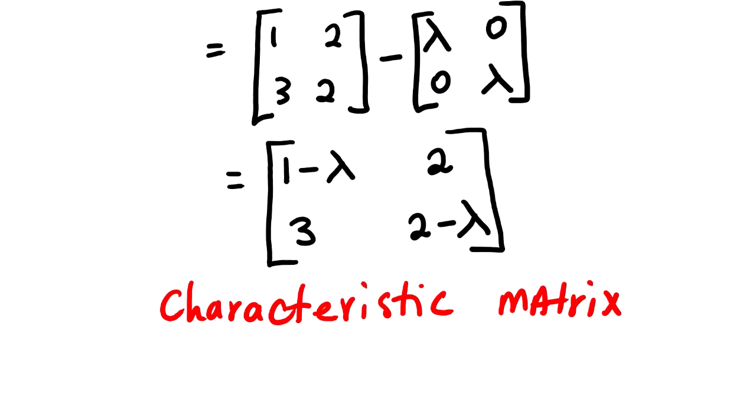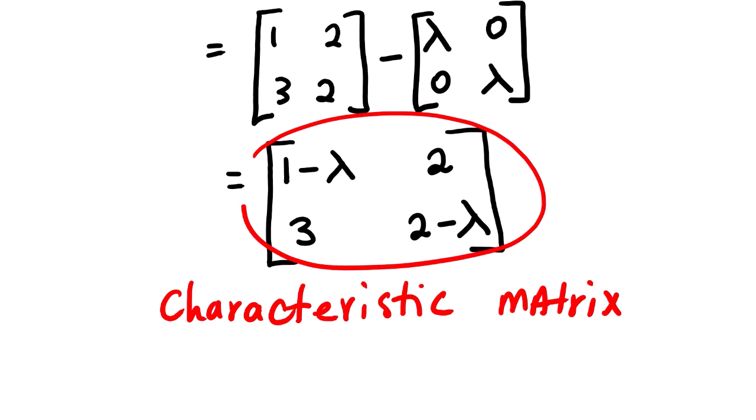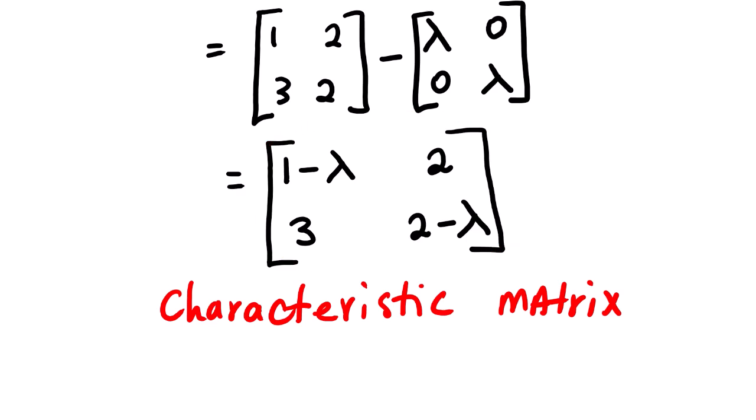We need to go to the second step, which is finding the characteristic polynomial. Now to find the characteristic polynomial, it's very simple. We simply need to find the determinant of this characteristic matrix.